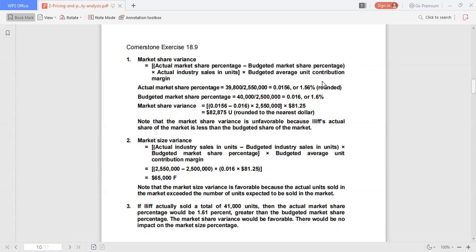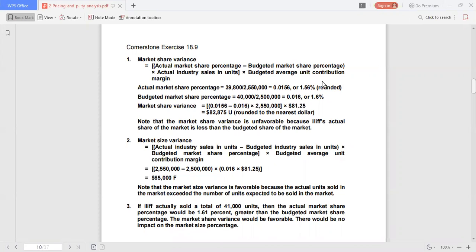So for the market share variance, the actual market share percentage is 39,800. It's taken by adding the actual sales of both toaster and convection oven. So 39,800, and we divide this by the total of 2,550,000 unit sales for the whole industry.